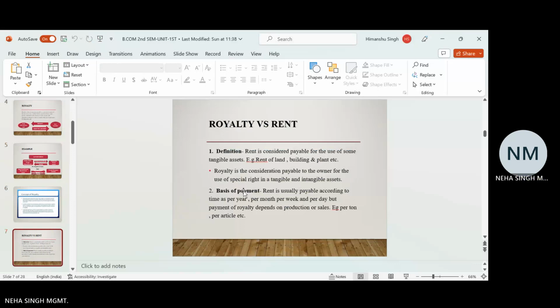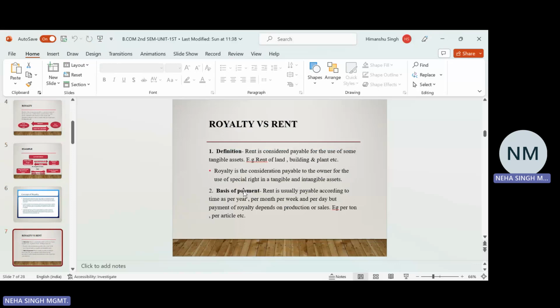So if I differentiate between these two terms, in royalty we use rights in tangible and intangible assets, but rent is used for tangible assets only.